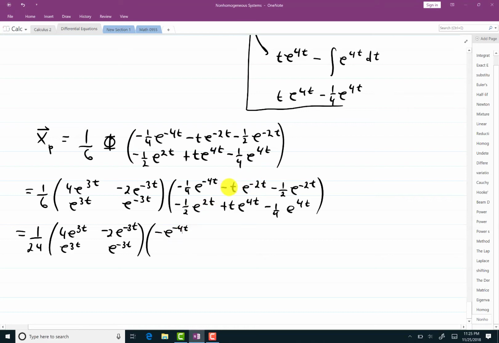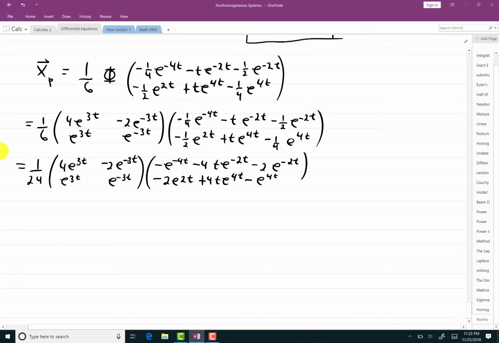In here I'll have a negative 4 t e to the negative 2t. Then I'll have a negative 2 e to the negative 2t. And then I'll have another negative 2. Then I'll have a 4. Then I'll have a minus 1. Well, I don't even need to write the 1.